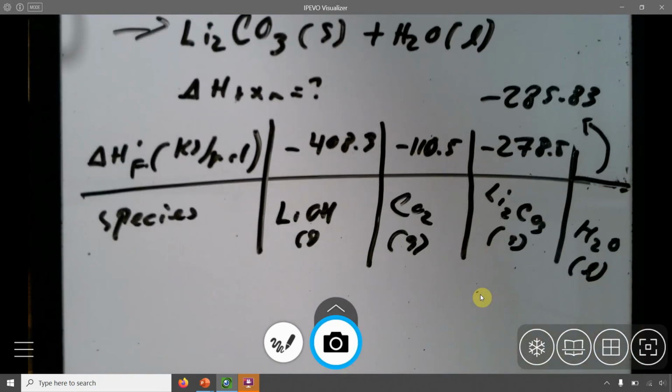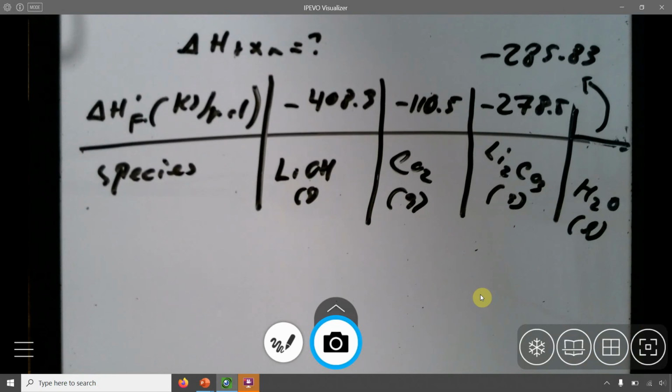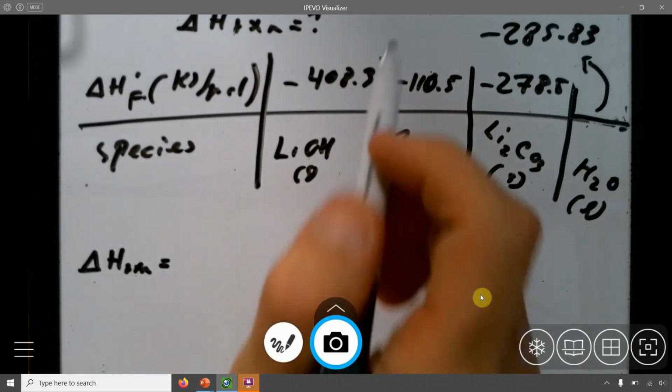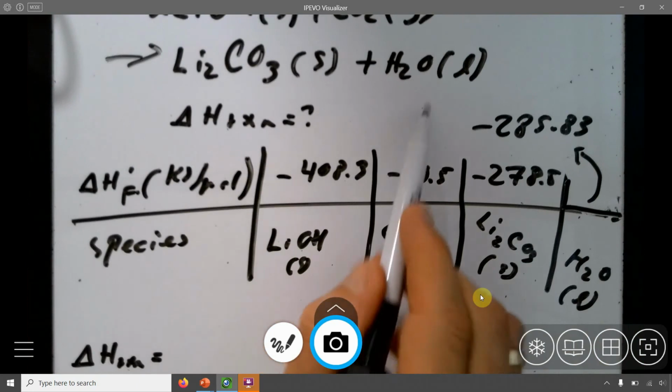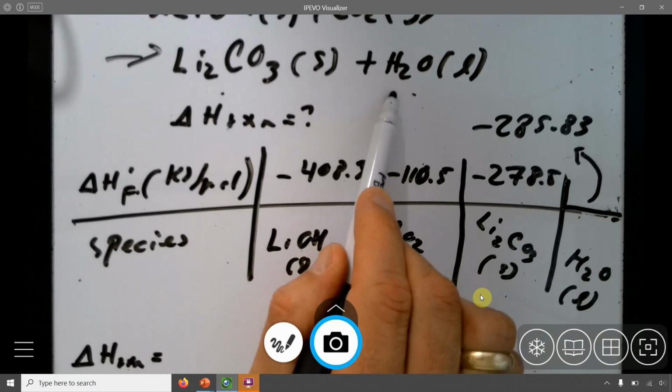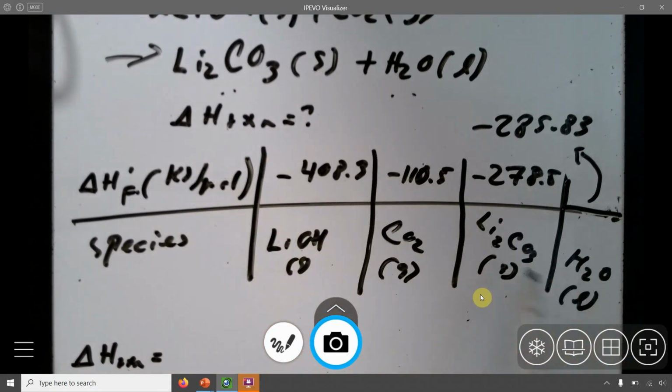Okay, so to get the enthalpy of reaction, easy. Again, the delta H of reaction is going to be products minus reactants. Products I have as H2O and Li2CO3. They have coefficients of 1, so it will be this times 1 plus this times 1.